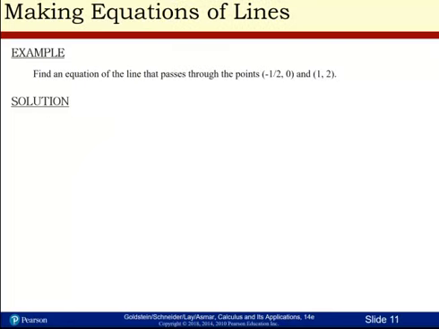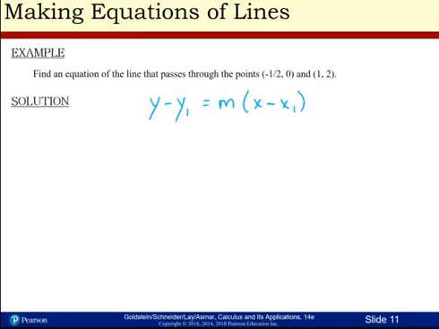We're asked to find the equation of a line that passes through the points -1/2, 0, and 1, 2. I'm going to use my point slope formula. Here it is: y minus y1 equals m times the quantity x minus x1. Well, I'd like to know that, but I don't have the slope.